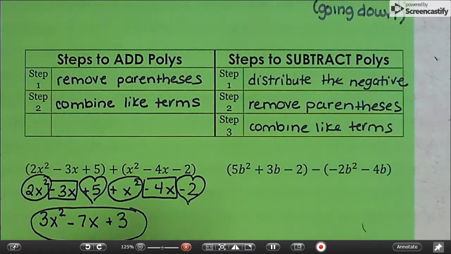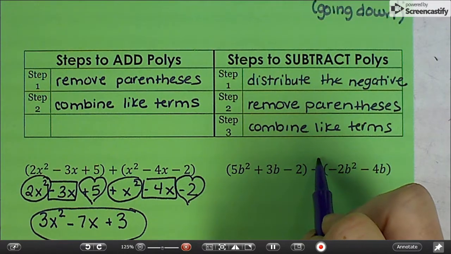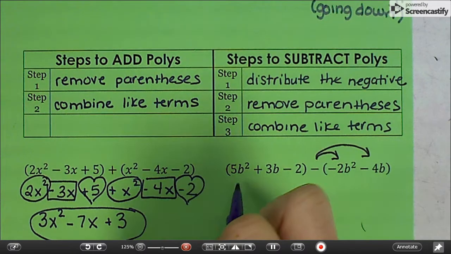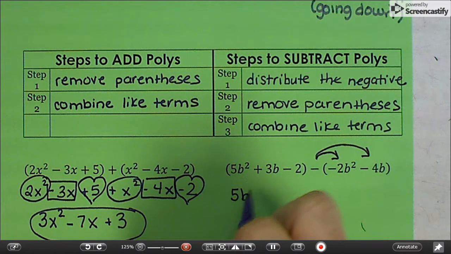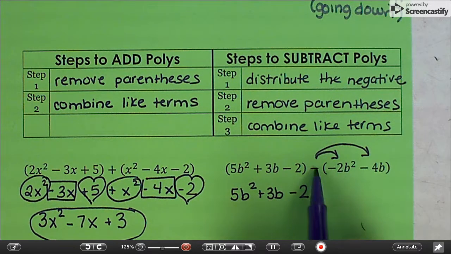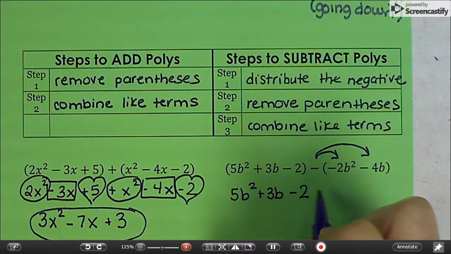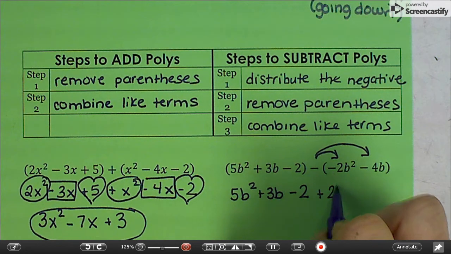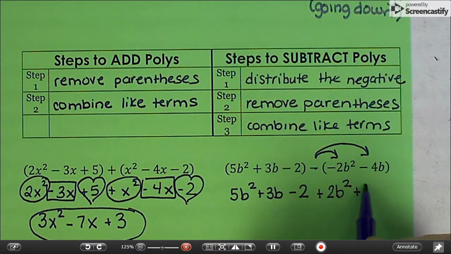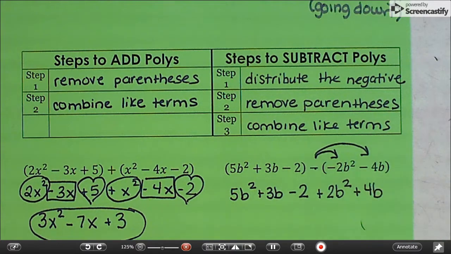So there's just one extra step. All right, so step 1, distribute the negative. We're going to write without parentheses. Negative times a negative is a positive. So positive 2b squared. Negative times a negative is a positive. So positive 4b. Done with step 1 and 2.